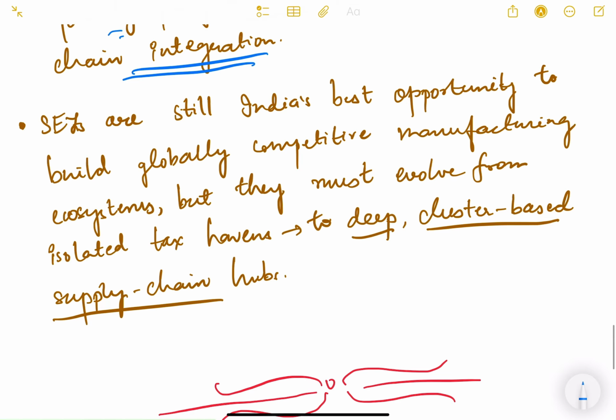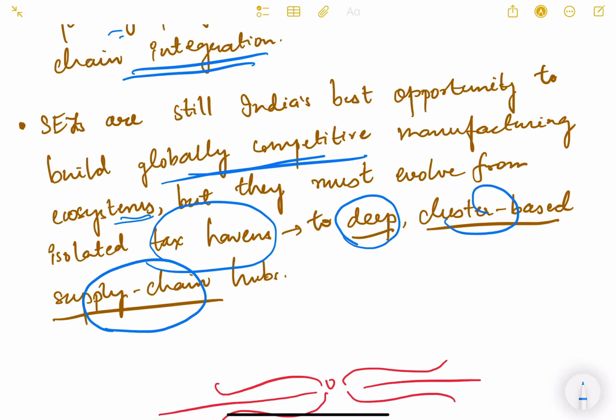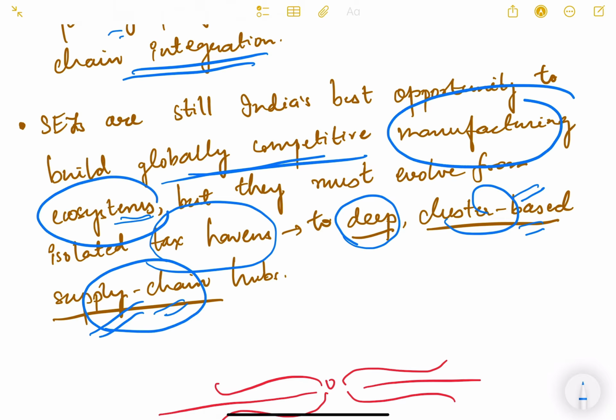SEZs are still India's best opportunity to build a globally competitive manufacturing ecosystem, but they must evolve from isolated tax havens to deep cluster based supply chain hubs. So friends, these are some of the important words which you must keep in mind and use in your answers also. Cluster based, supply chain hubs, right? Then manufacturing ecosystem, globally competitive.